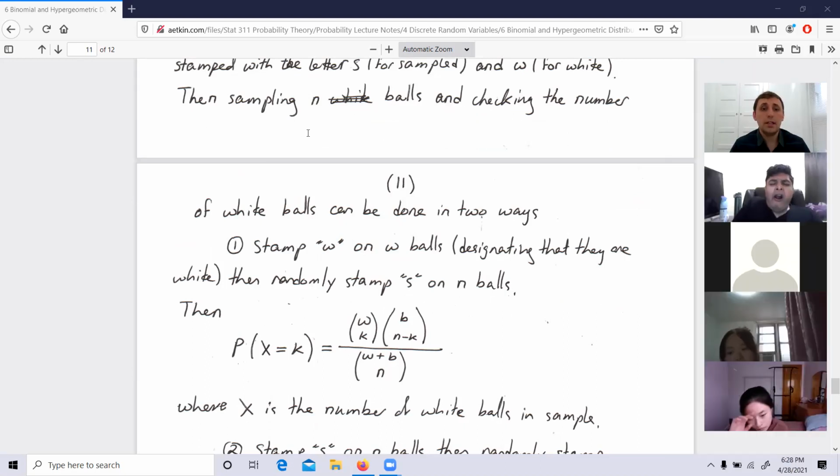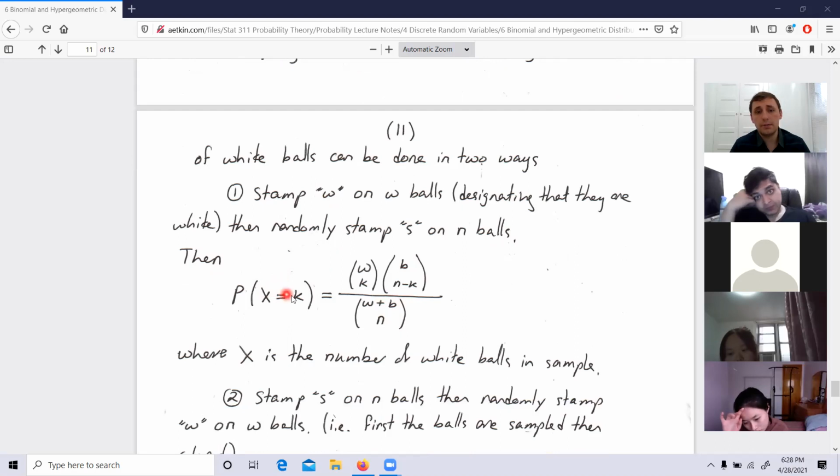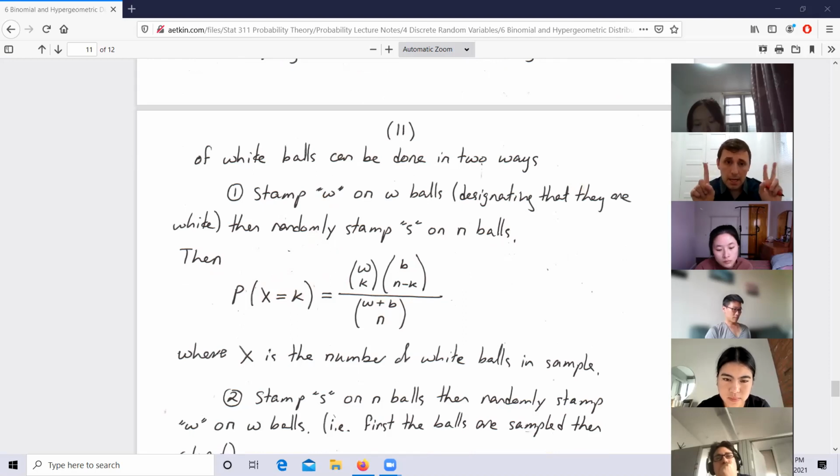And what do I get? Then I get that the probability that X is equal to k, in other words, that I picked, what is X equal to k in this situation? I'm interested in the probability of picking k white balls. But that means what? That means what's the probability that there were k matches with the stamps?